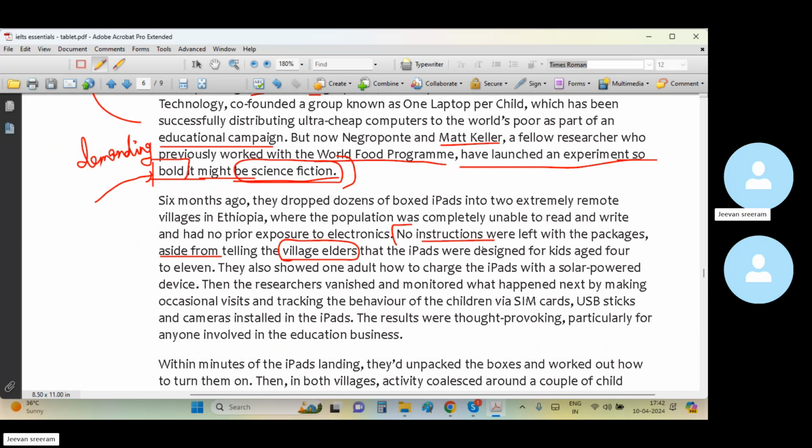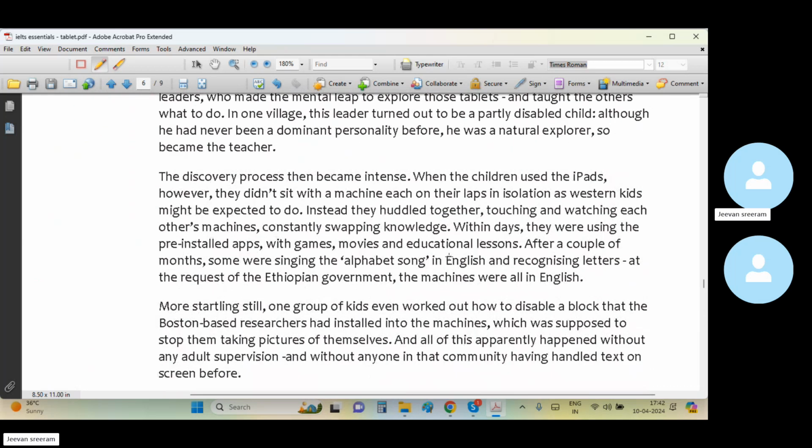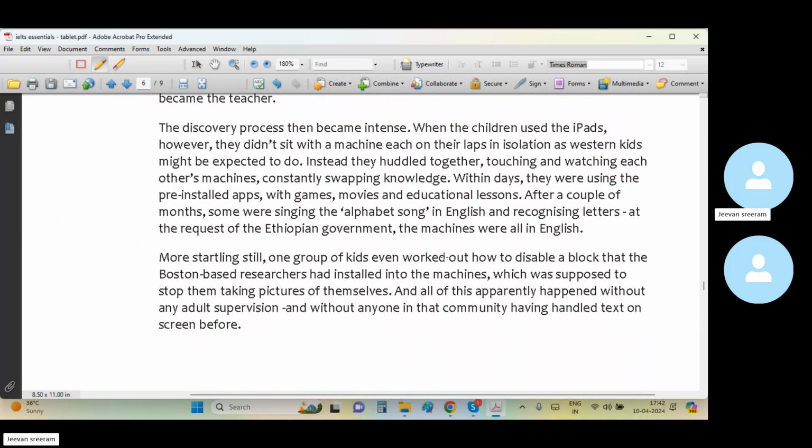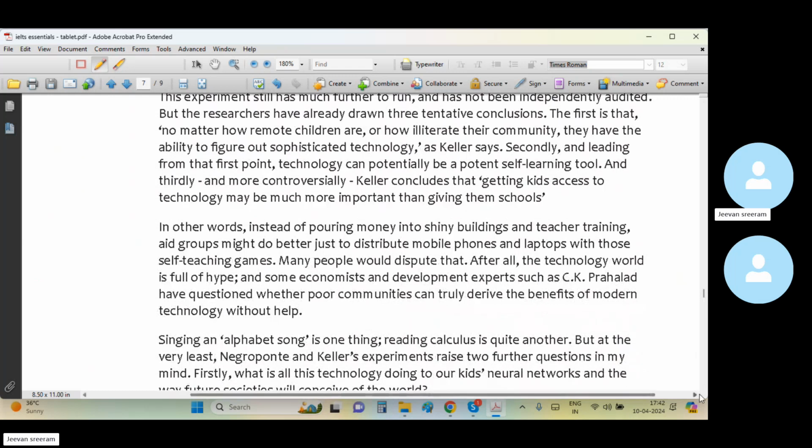You know, their research is that, right? Without instructions, without support, whether children can make use of the iPads or not. So the elders in the villages actually knew the gadgets were for children.